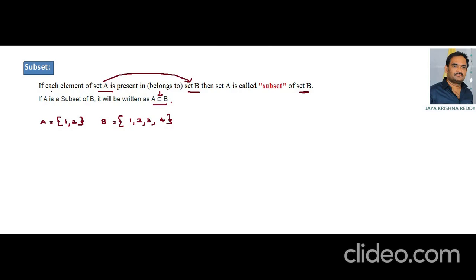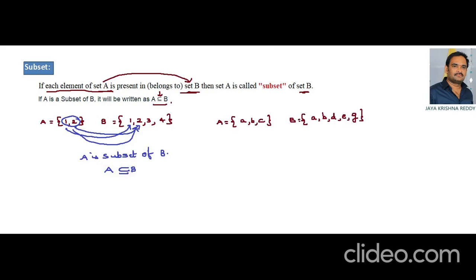So as per the definition, each element of set A belongs to set B. Let us check. 1 is an element of A that is already present in set B, and the element 2 of set A is also present in set B. Means all the elements of set A are present in set B. So we can say that set A is a subset of set B, and we can write it as A ⊆ B by using this symbol.